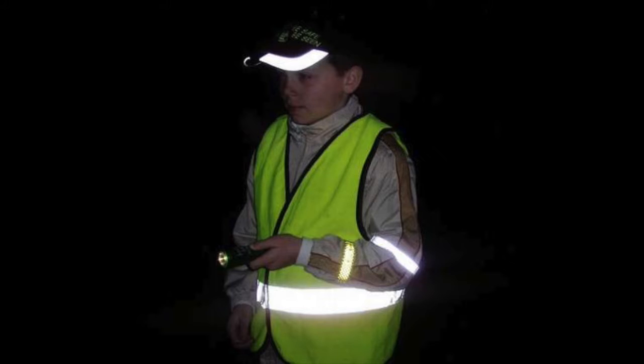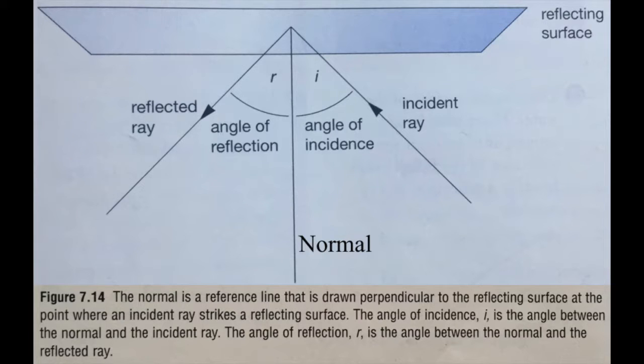When light strikes a reflecting surface, it bounces off the surface. A light ray that strikes a surface is called an incident ray. The light that is reflected from a surface is called a reflected ray. See figure 7.14.